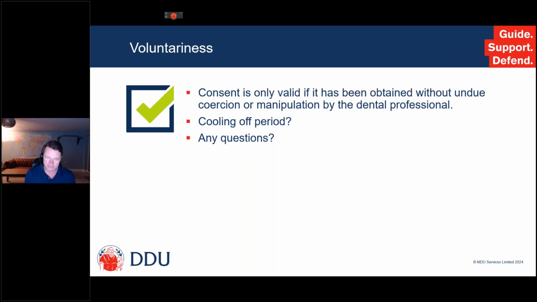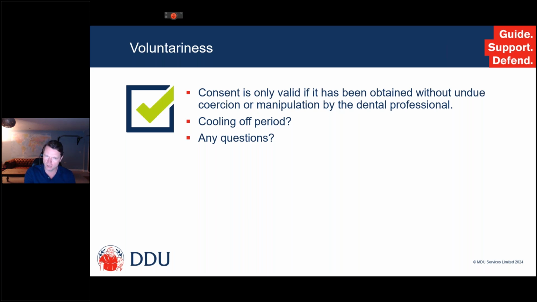And obviously, the obvious example of that could be at an examination appointment, at a consultation, the patient is given information about the options, they're then allowed to go away and think about them and come back for a further appointment at which they're given an opportunity to ask questions.